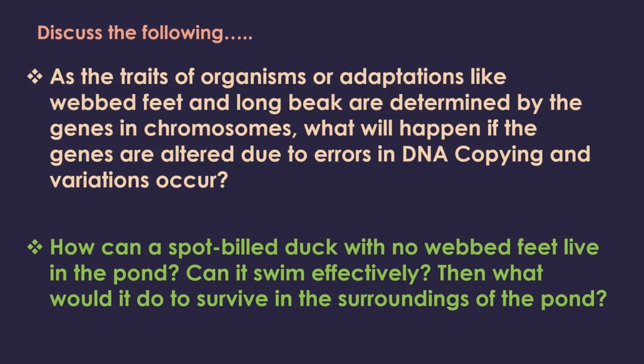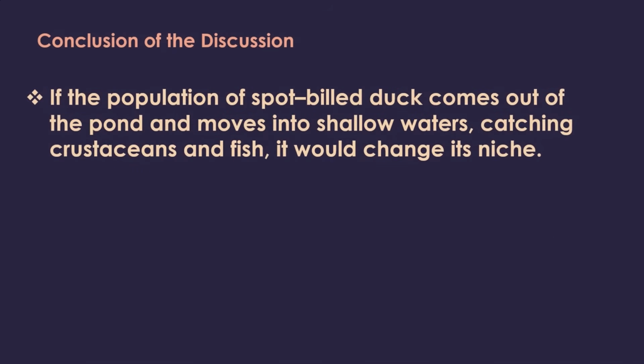Some variations occur in these organisms. How can a spot-billed duck with no webbed feet live in the pond? Can it swim effectively? That means that if a variation occurred in a spot-billed duck resulting in no webbed feet, it cannot swim efficiently within the pond. How can it survive? What can the spot-billed duck do to survive in the same surroundings?